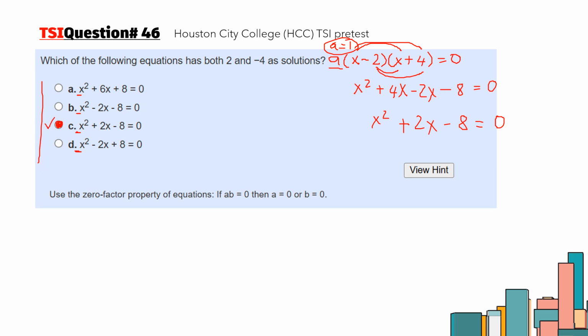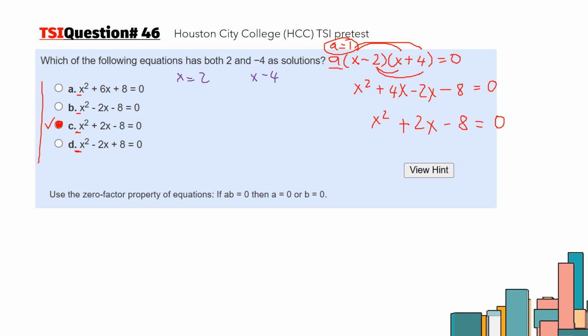How about if we forgot about the zero factor property? We can always plug in the answers. You plug in x equals 2 and x equals -4 for each answer choice, and we stop at the first one that is not equal to 0.